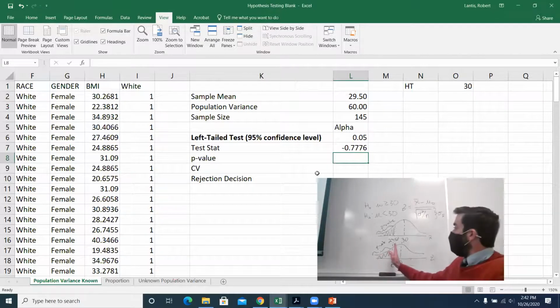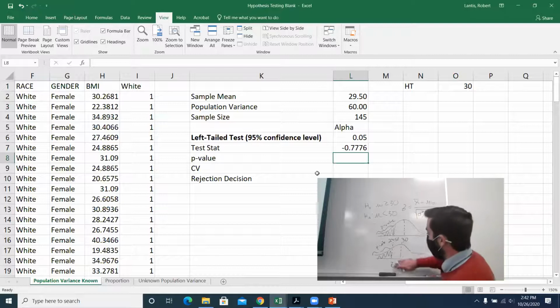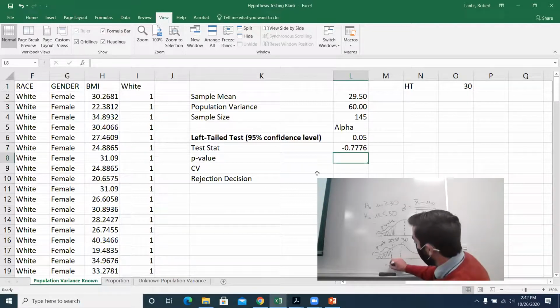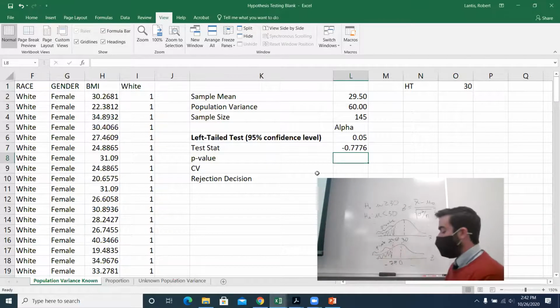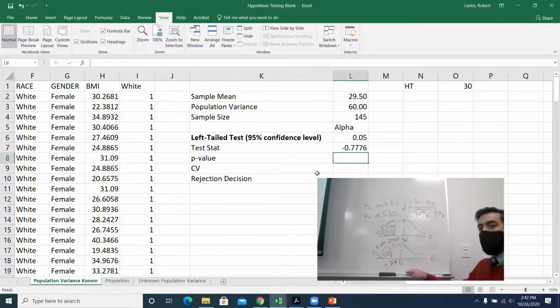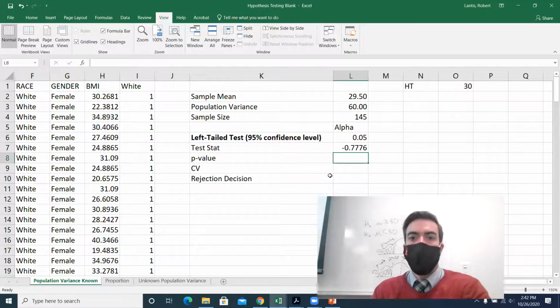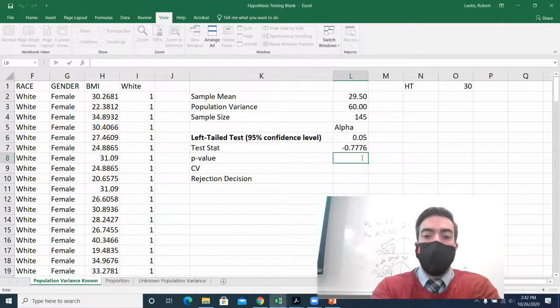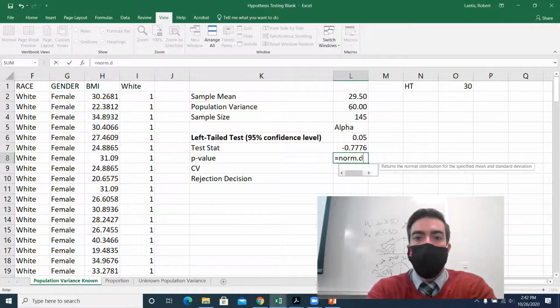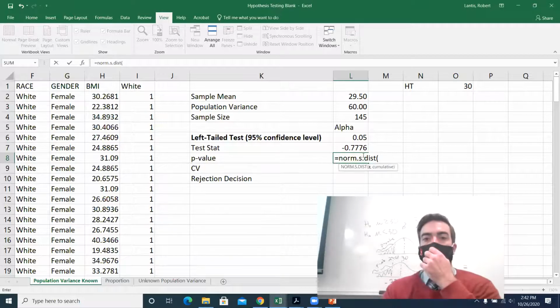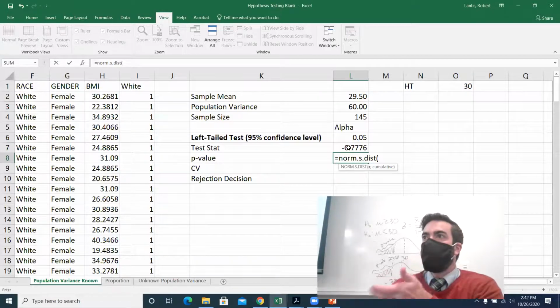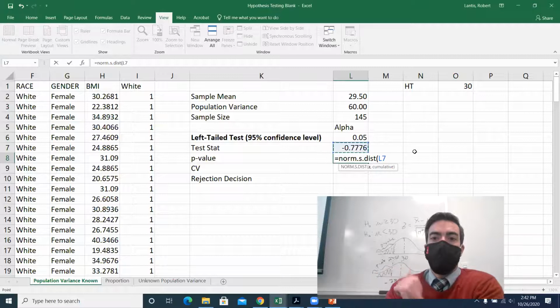Okay, so for the p-value, I'm going to want to find the probability that I saw a negative 0.77 or anything below that. How can I do that in Excel? Well, just like in the previous problem, NORM.S.DIST, because I now know the z-statistic, and I want to find the area to the left of it.